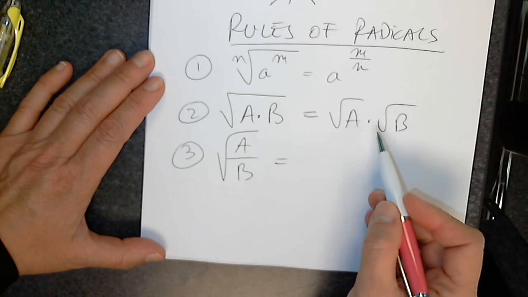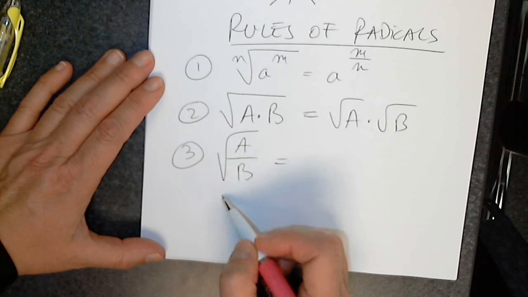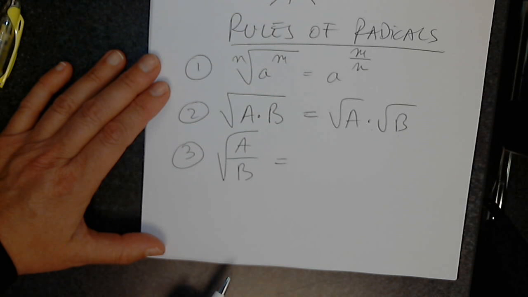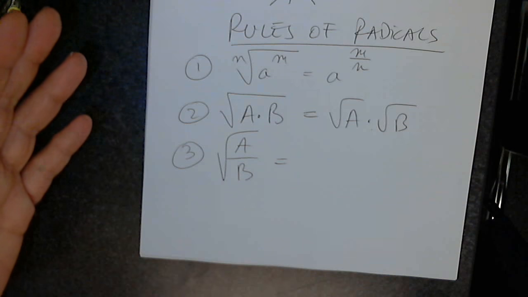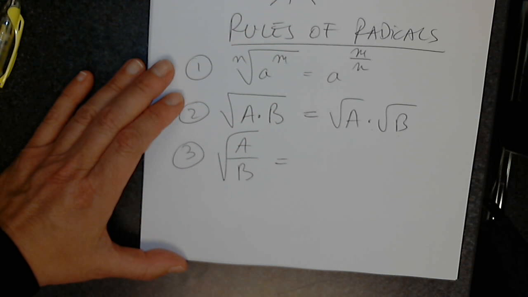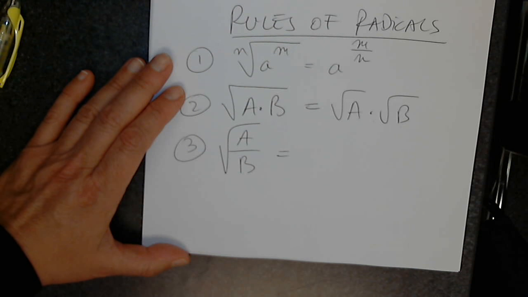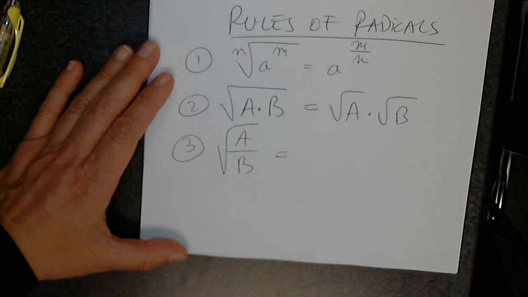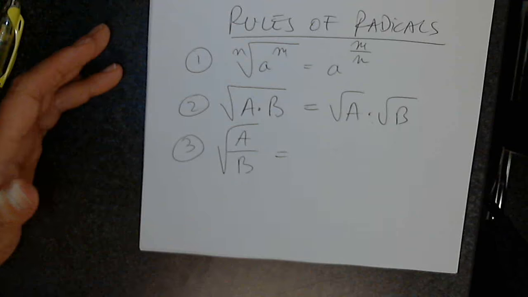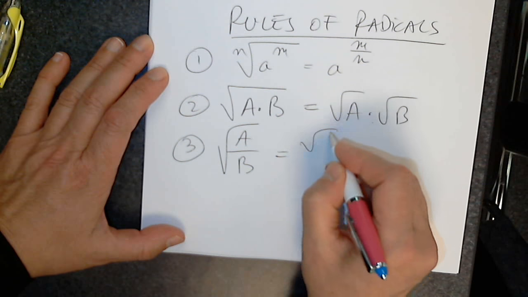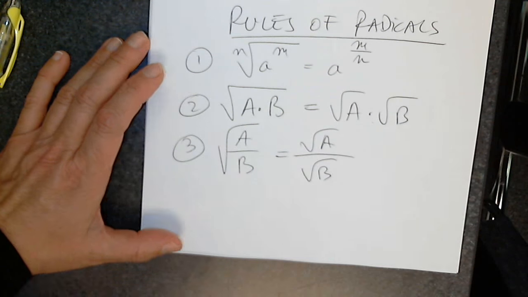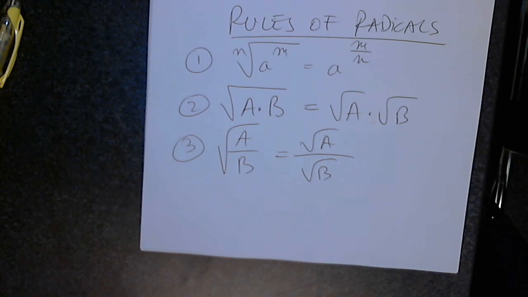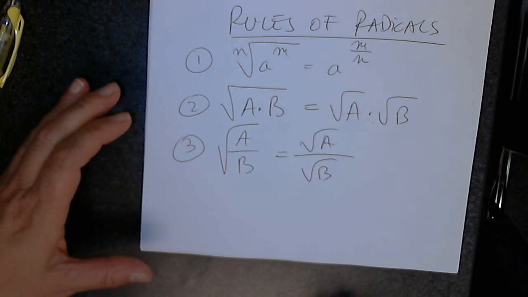The square root of a product is the product of square roots. What do you think about the square root of a ratio? Just give it a shot. Square root of a over square root of b. Absolutely. It's the same procedure. Basically, split the product, split the ratio.